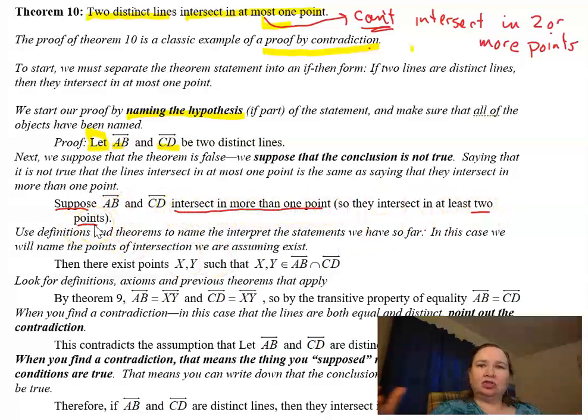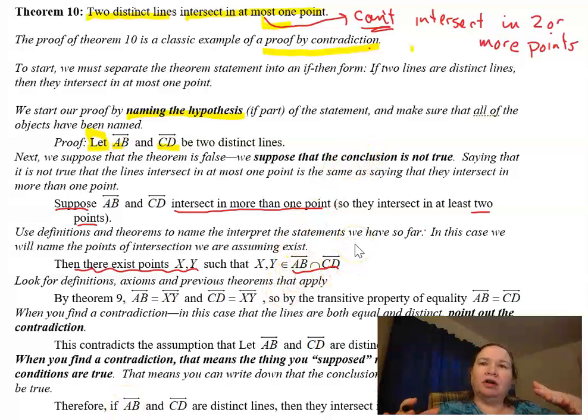And if they intersect in two or more points, then there's at least two, and I can name them, because remember, naming things helps you prove stuff. So I'm going to name those points, two of them, that are on the intersection.